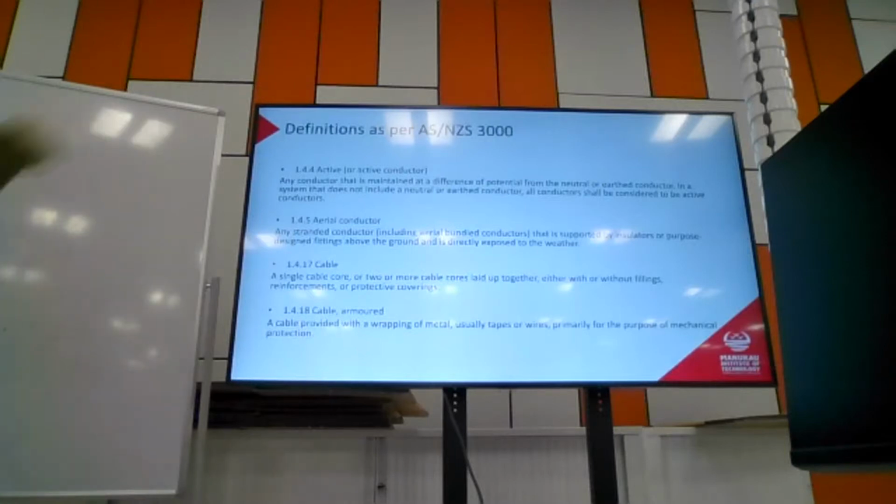What does it mean that a conductor is maintained at a difference of potential from the neutral or earth conductor? What is another way of saying difference of potential? No, we're on the right track. Difference of potential. What does it mean? What is difference of potential?